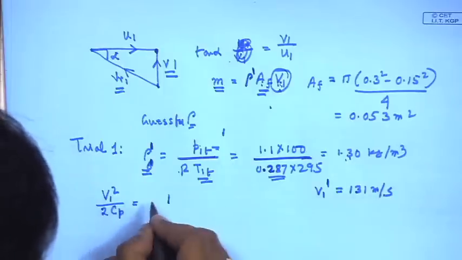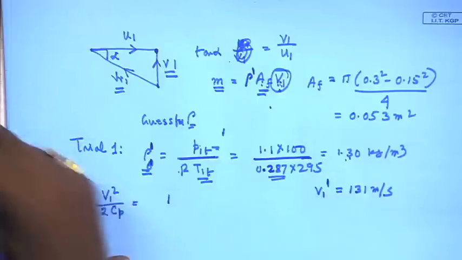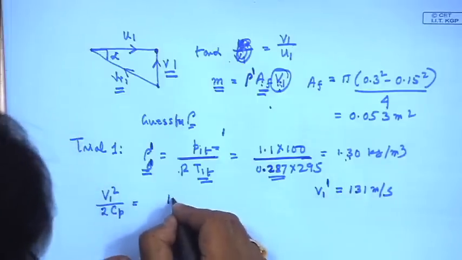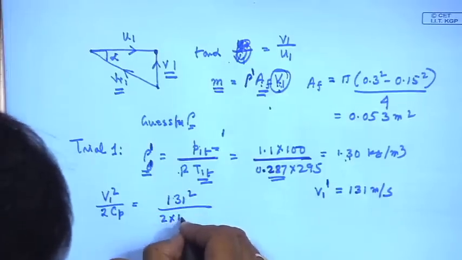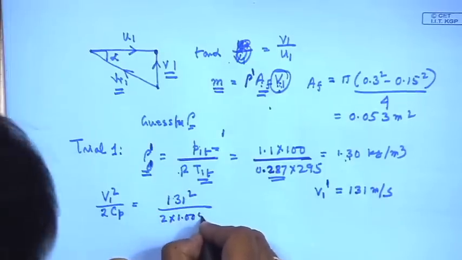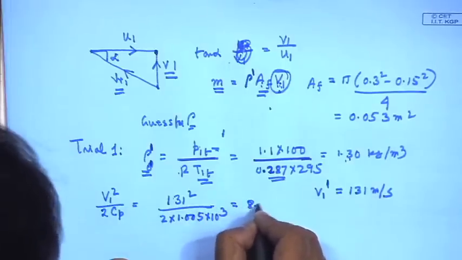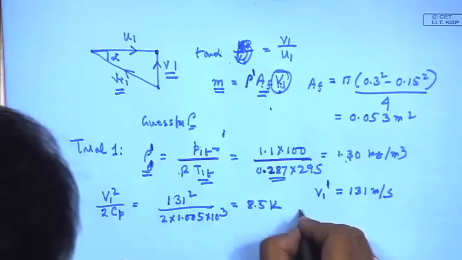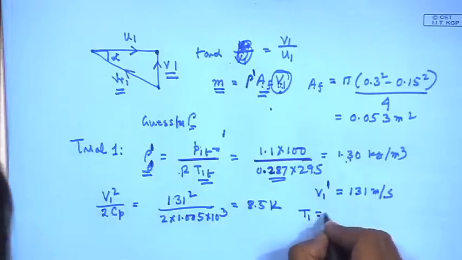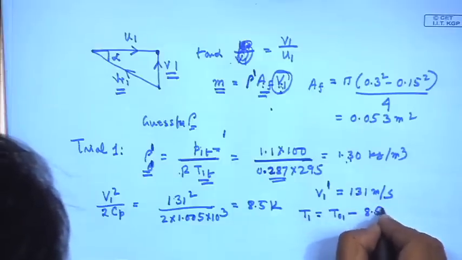Then you calculate V1 square by 2 into 1.005 into 10 to the power 3, the corresponding temperature. If you know this temperature, you can calculate the static temperature: T01 minus this 8.5 K.